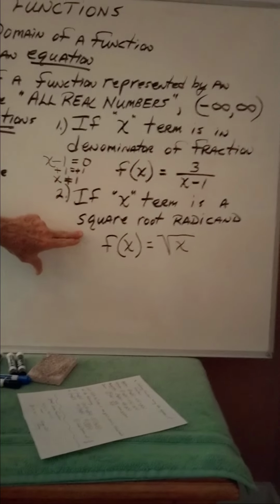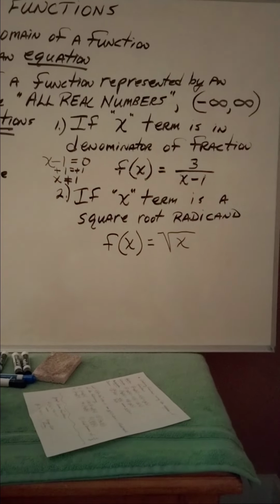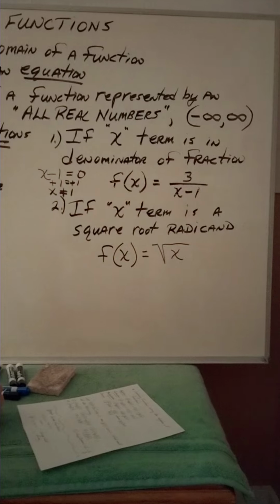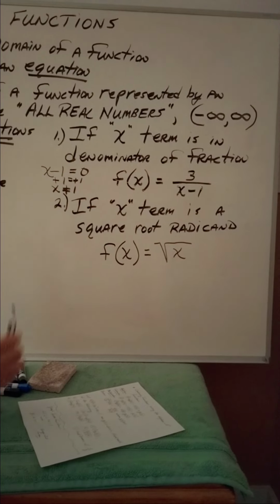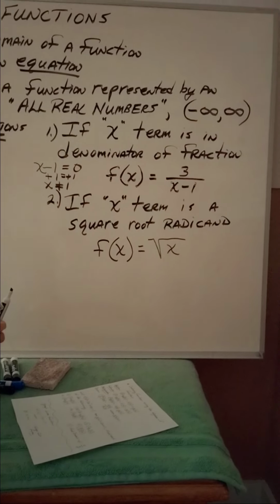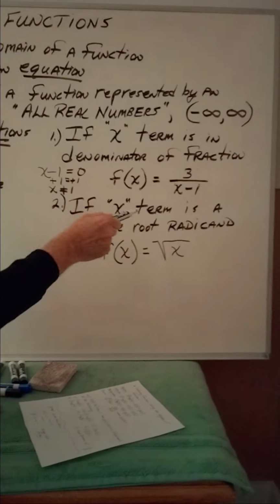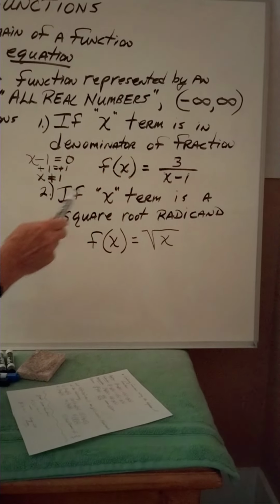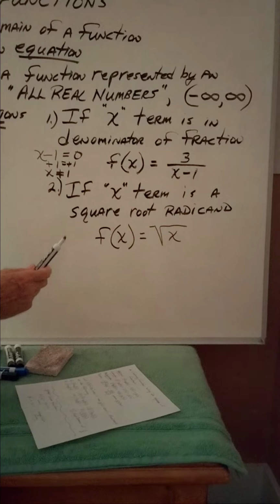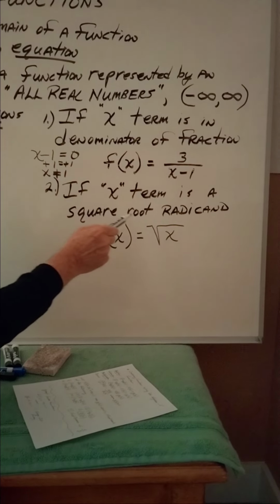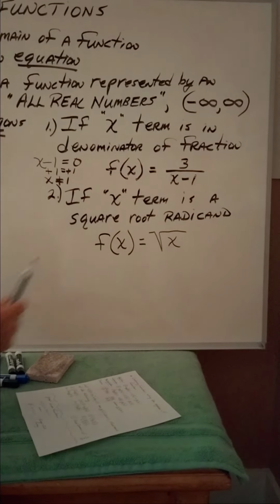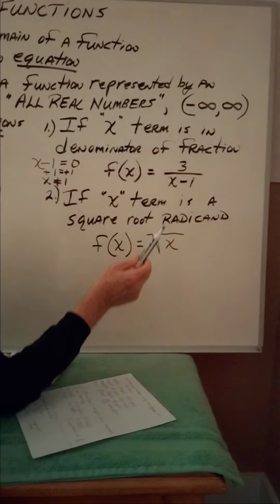The second exception is when we are dealing with a square root function, when the domain term x is a square root radicand. The radicand is the item underneath the radical sign.